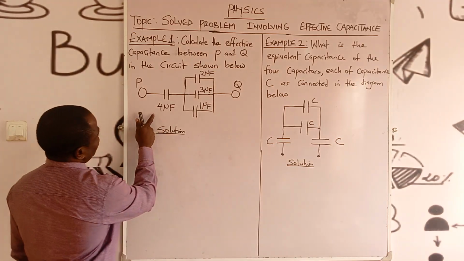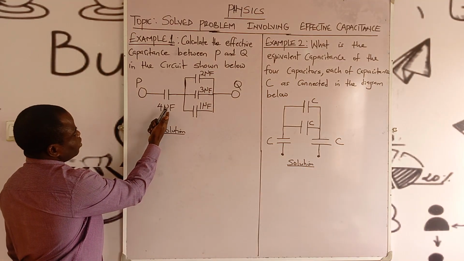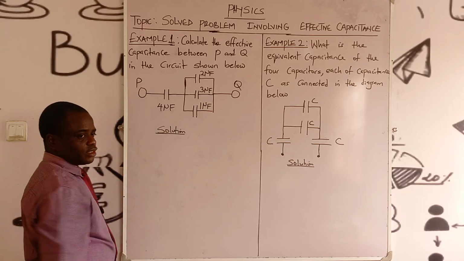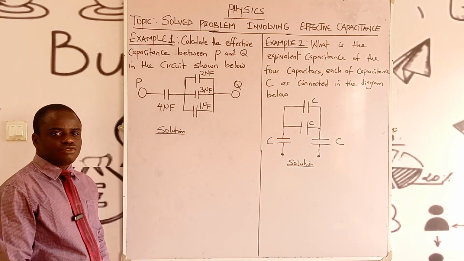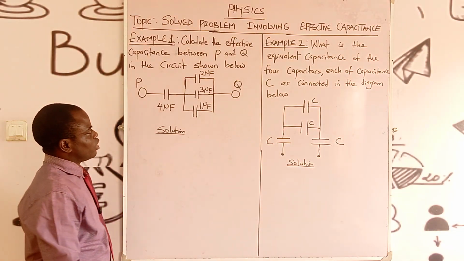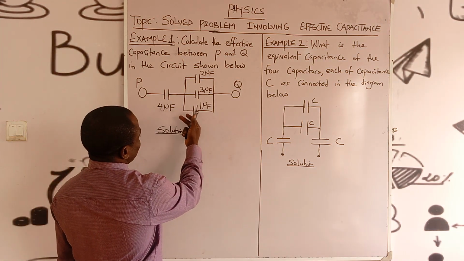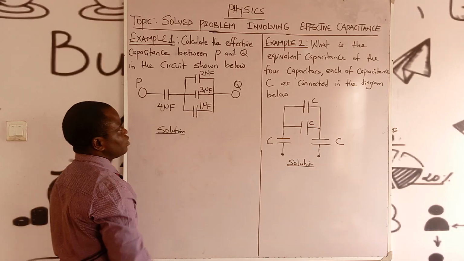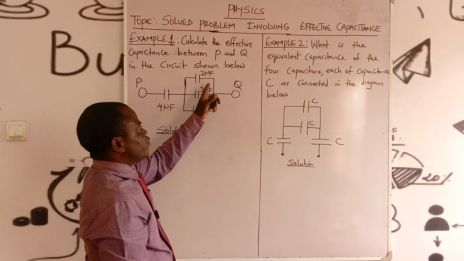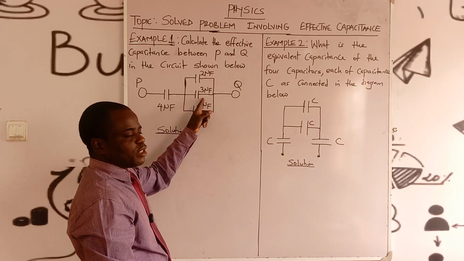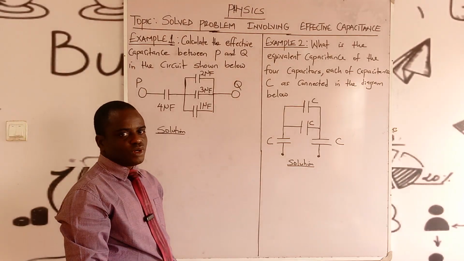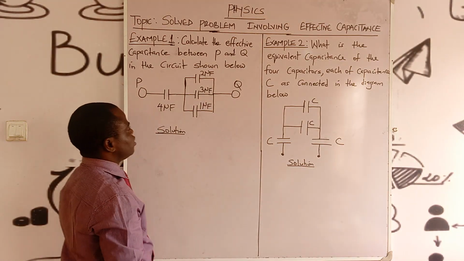Now, you can see that we use farad as the unit of capacitance. Okay, we have 4 microfarad in series with a parallel connection of 2 microfarad, 3 microfarad and 1 microfarad.